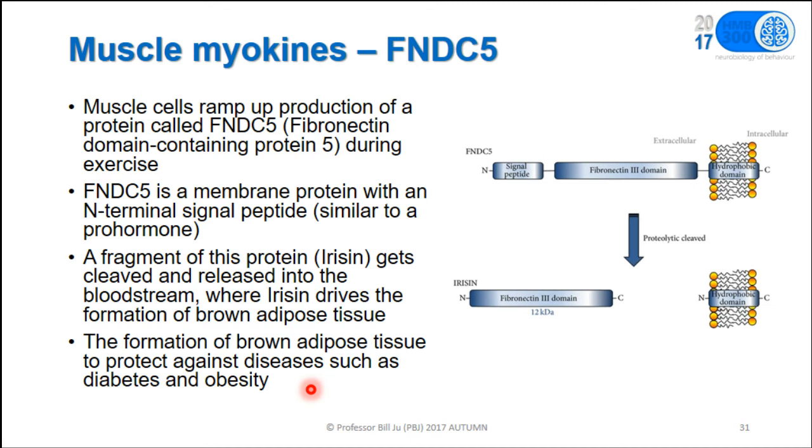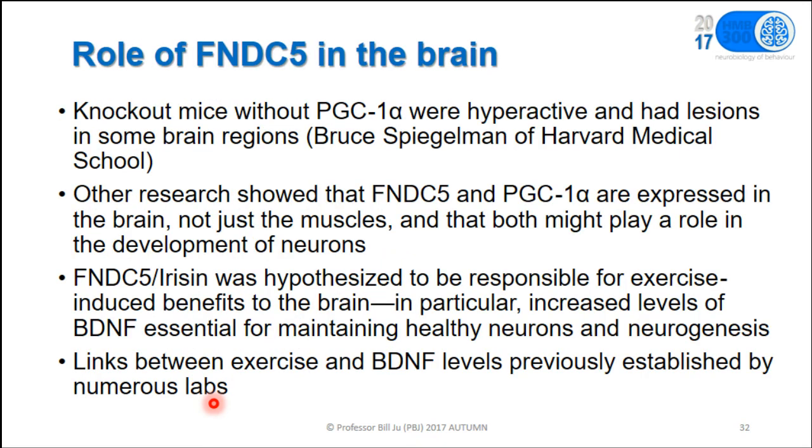You increase the amount of FNDC5. As you make more and more FNDC5, it's more likely that you're going to produce more and more irisin. As you produce more and more irisin, you're going to be able to convert white fat into this brown adipose tissue.